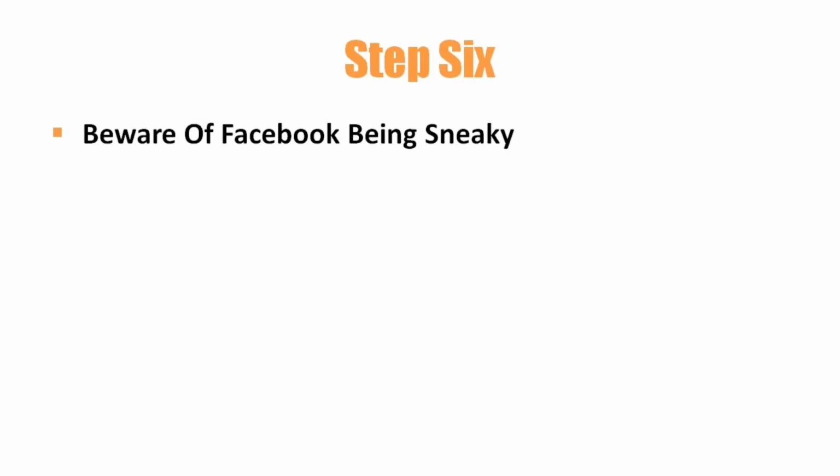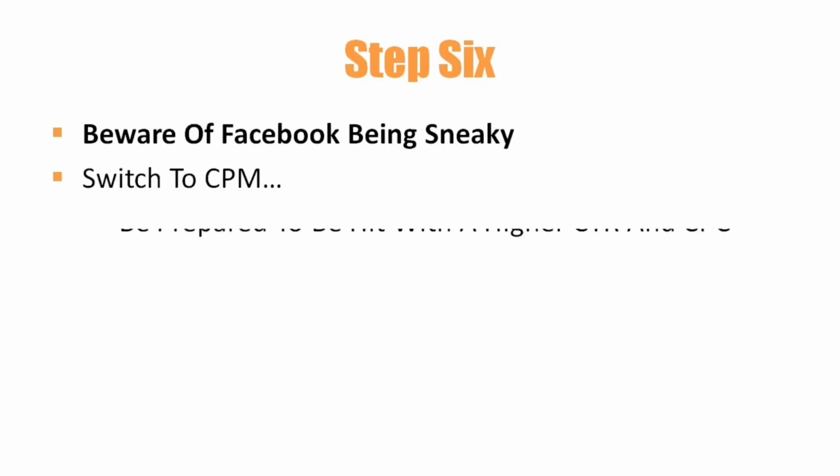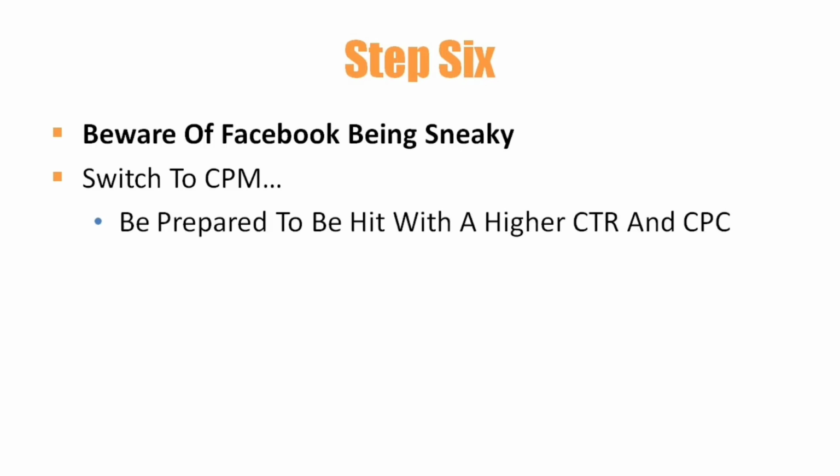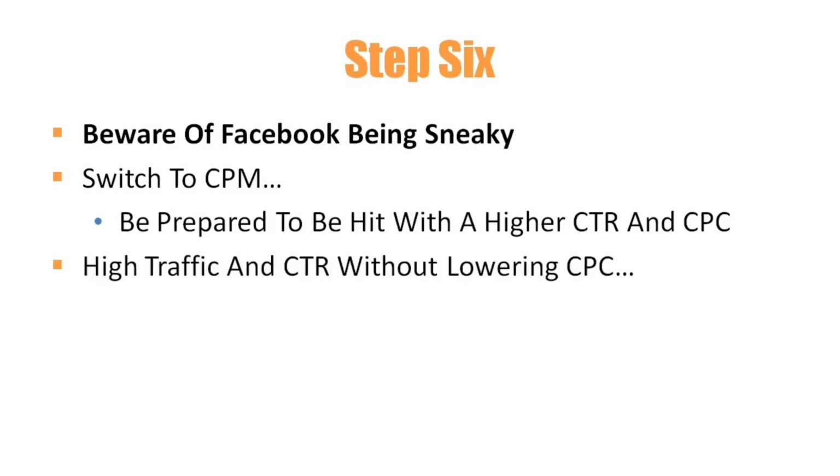Step 6, beware of Facebook being sneaky. Facebook can be sneaky. If you switch to CPM, then be prepared to be hit with a higher CTR and CPC. Facebook notices that they can keep giving you high traffic and CTR without lowering your CPC.